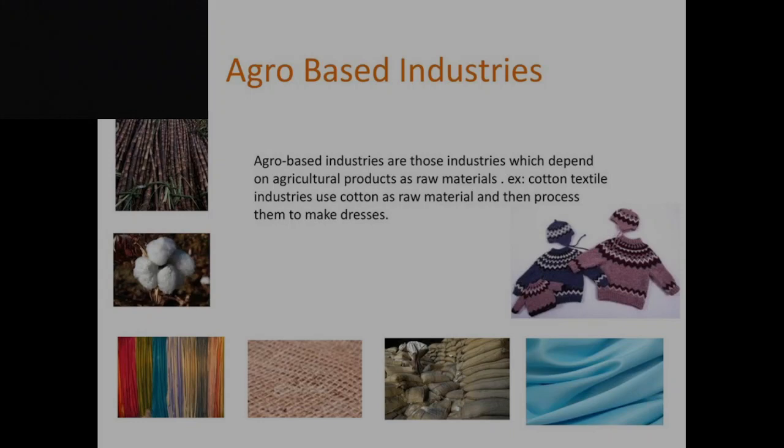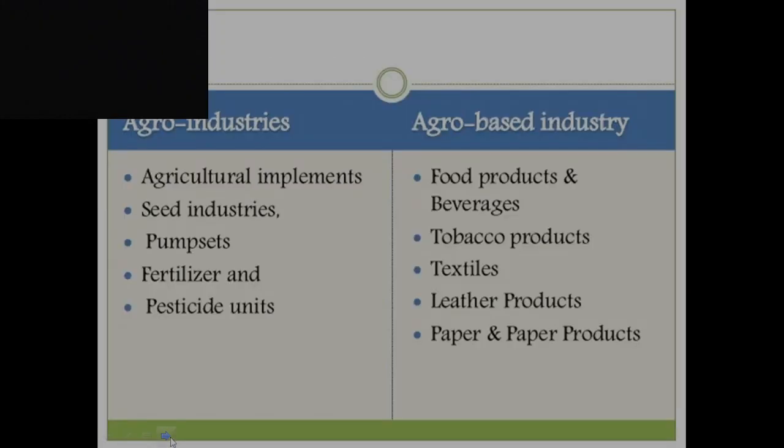Like cotton textile industries use cotton as a raw material. Then sugar cane is the agro product for sugar. The sugar cane is the raw material.